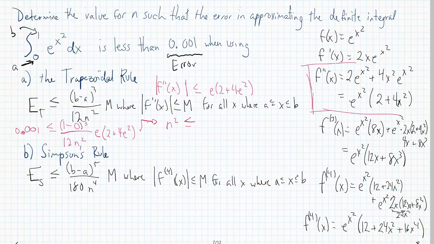is less than or equal to 1 cubed divided by 12. Then you have e times 2 plus 4e squared.